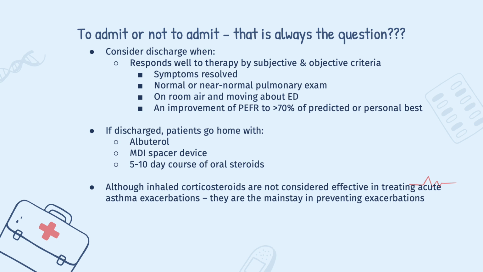Although inhaled corticosteroids are not considered effective in treating acute asthma exacerbations, they really are the mainstay treatment in preventing those exacerbations. So having really good patient education is going to be really important.